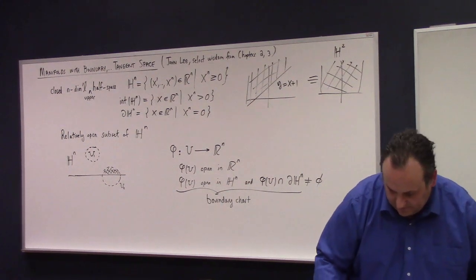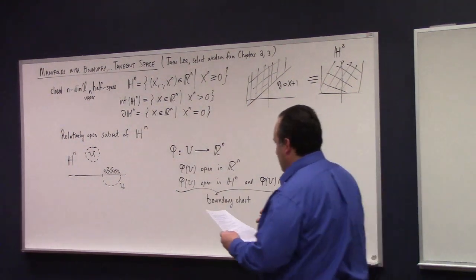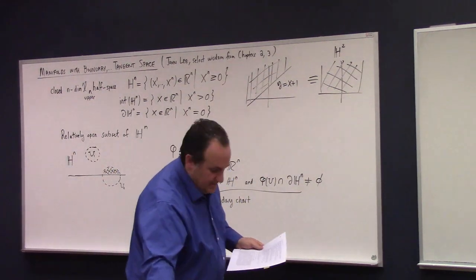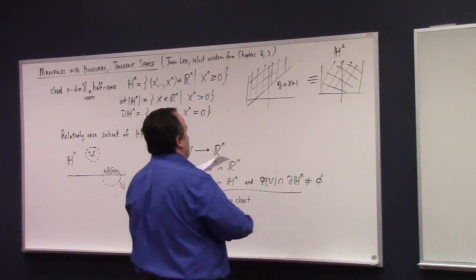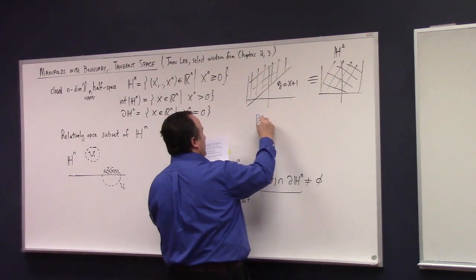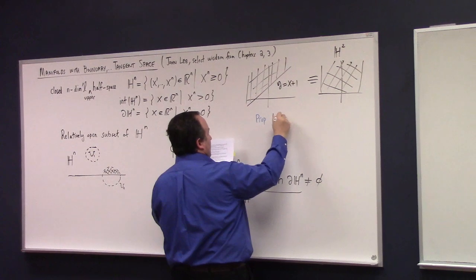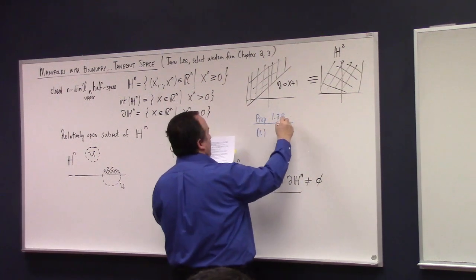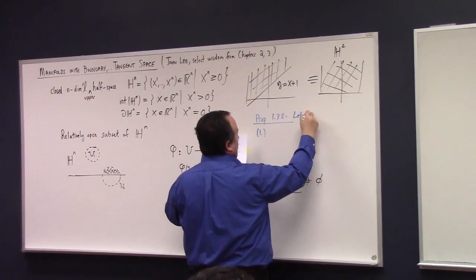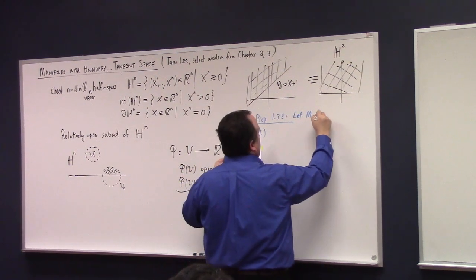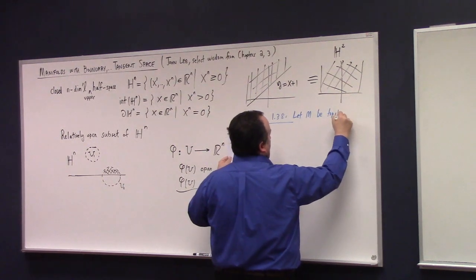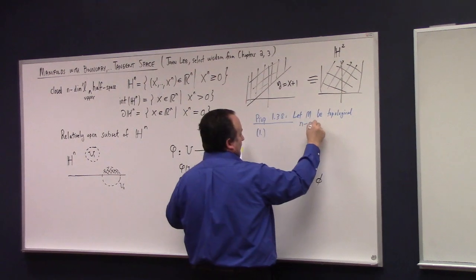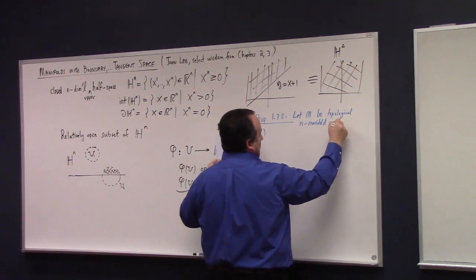All right, so let me tell you guys a proposition. This is Proposition 1.38. It says the following: let M be a topological n-manifold with boundary.